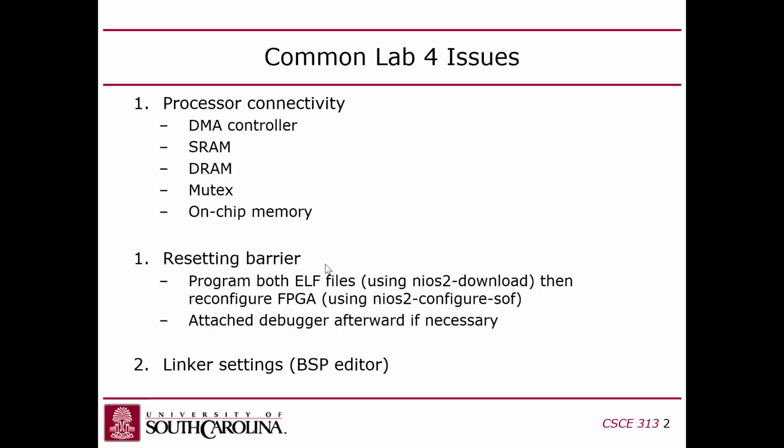So the question is, how do you reset the counters? How do you reset everything back to 0? Because the counters are in an on-chip RAM, they can't be reset. There's no reset signal for RAM. You can reset a flip-flop or a register, but you can't reset a RAM unless you reconfigure the FPGA, which resets everything on the FPGA, including all the on-chip memory.